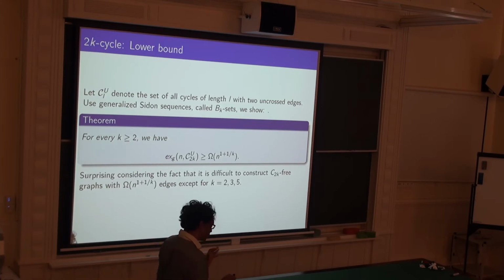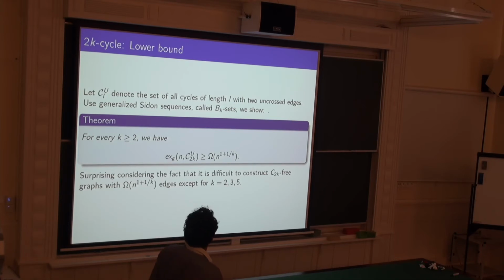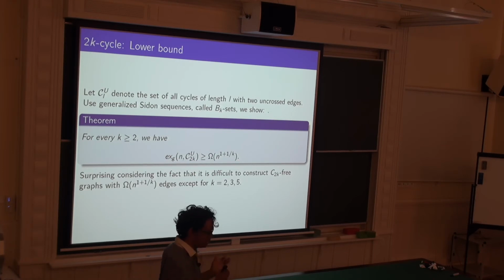Actually, they avoid a 2k-cycle even if it has 1 uncrossed edge. So the only allowed 2k-cycles are those with no uncrossed edge. So it's even stronger. It implies what we want. Here we forbid those with 2 uncrossed edges, but actually the construction avoids those 2k-cycles with 1 uncrossed edge also.